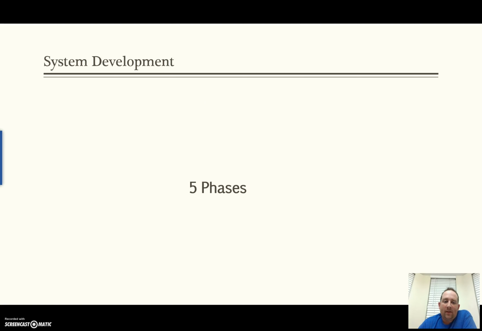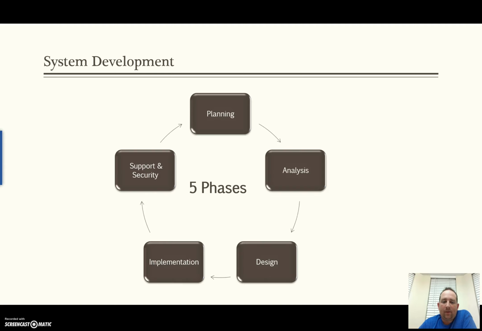So there are 5 phases to system development. The first phase is planning, then analysis, then design, implementation, and then support and security. In addition to these 5 phases, though, there are also other ongoing activities throughout the entire project.